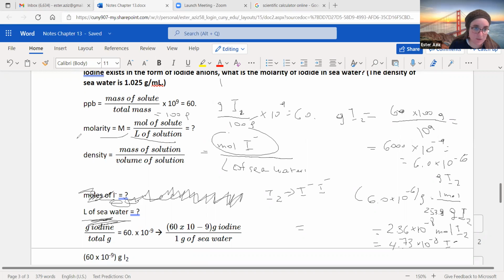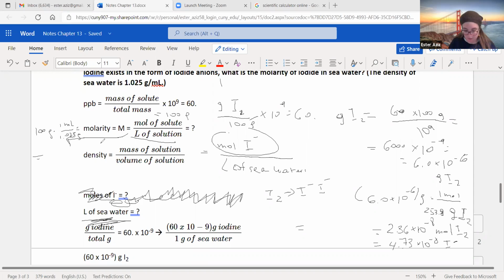So we start with 100 grams times density, in milliliter, 1.025 grams.